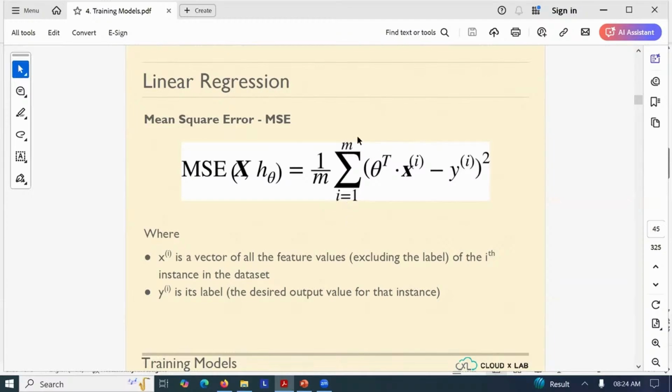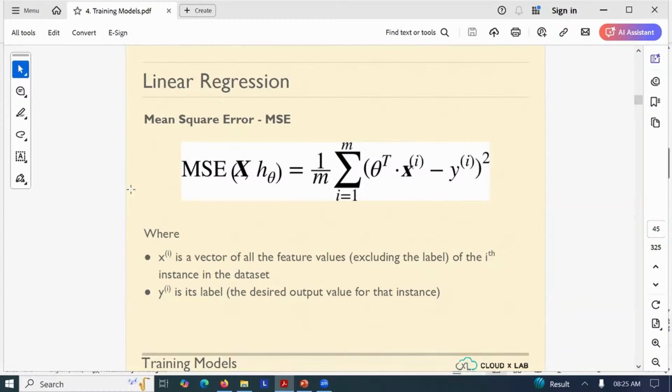We are calculating this loss for all training points, and then we are doing this summation and then this averaging, because it's a mean square error. So first we are calculating errors, then squaring, then summation, and then averaging, right?